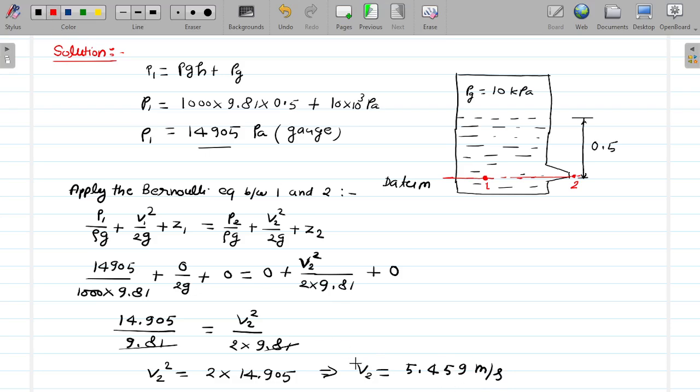So the sprayer velocity, that is V2, is 5.459 meter per second. That is the answer.